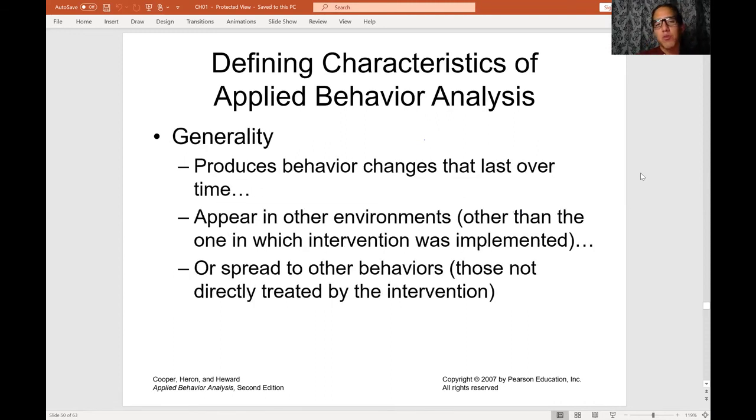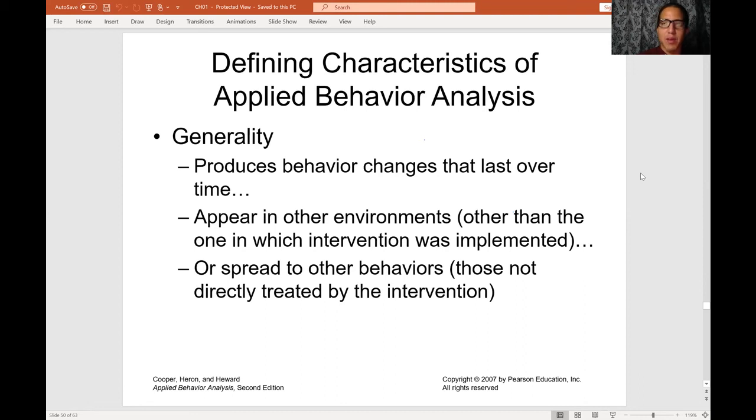Generality produces behavior changes that last over time, appear in other environments other than the one in which intervention was implemented, or spread to other behaviors, those not directly treated by the intervention. So what they're trying to say here is that the improvement is not only going to be effective when we are there.